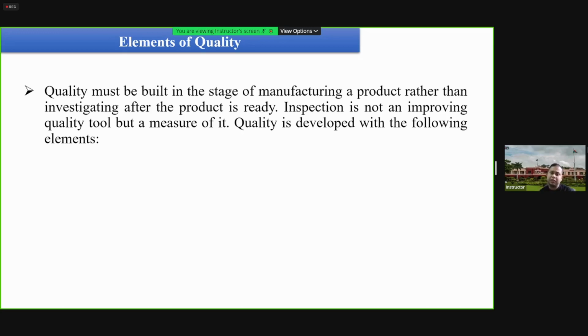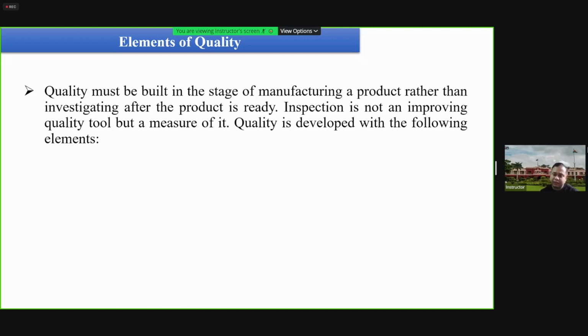Inspection will not lead to improvement of quality. Inspection will lead only to the detection of defects, and that too not 100%. So we need to focus on building the product by ensuring that during its design and manufacturing phase, quality is well incorporated. So that brings us to the discussion of various elements of quality.